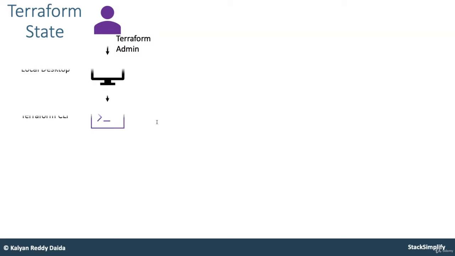If you see from a Terraform state perspective, we need to see the entire workflow one more time. As a Terraform admin, I'll write the Terraform configuration file to create a resource.